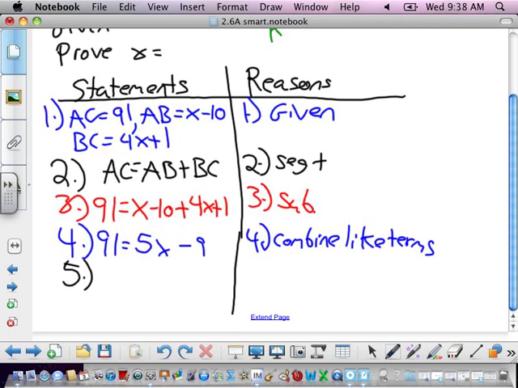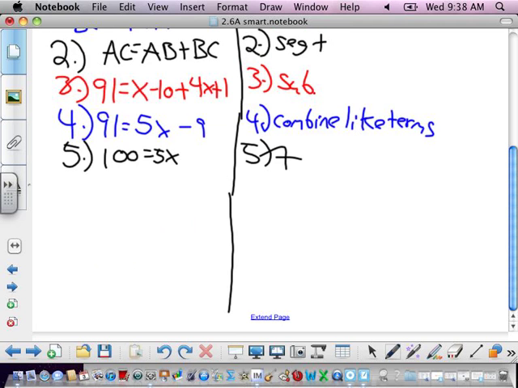Add 9 to both sides. So 91 plus 9 is 100. Somebody's checking my math in case I make a mistake. Okay, what do I do now? Divide. So I get 20 equals x.